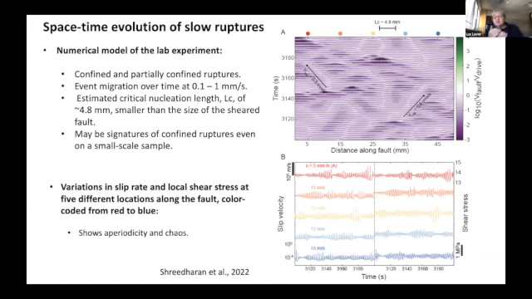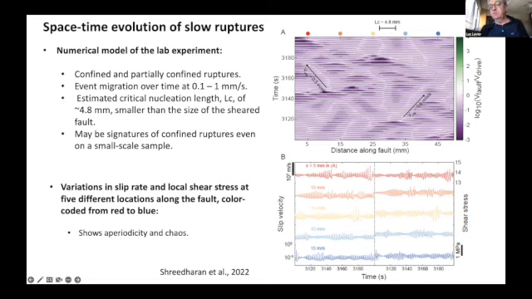So we have a very complex behavior already in a numerical model that corresponds to what you expect in the lab experiments. The bottom panel shows profiles over time of the slip velocity across this upper panel.